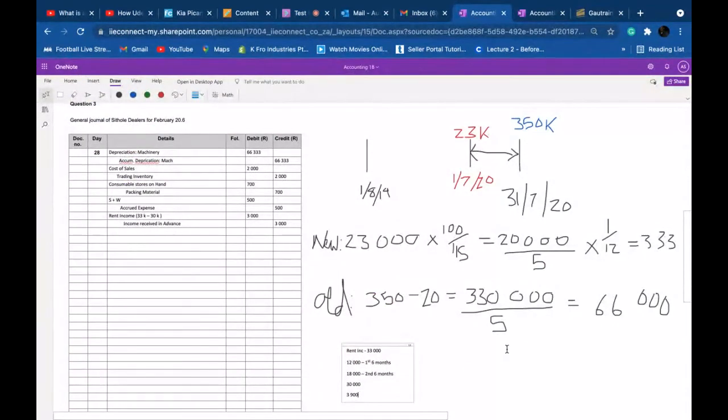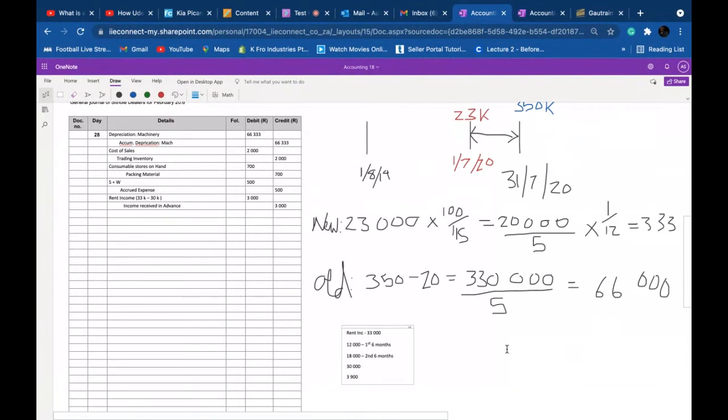Let's proceed. If we times, and I'm just doing it quickly here on my calculator, 12 times 300, you get 3,600. Like I was saying, there's an extra 300 in there that shouldn't be there. So this is then a prepaid expense, and prepaid expense is a current asset.